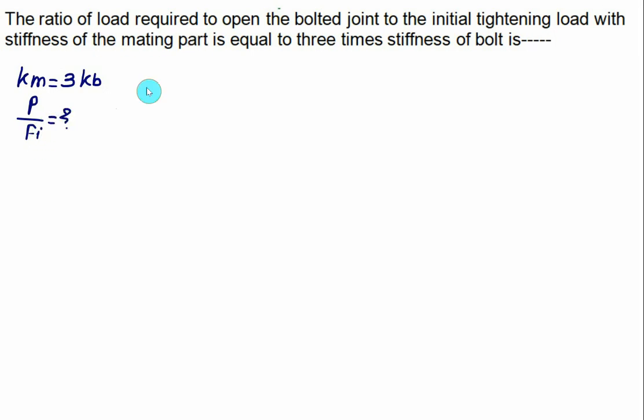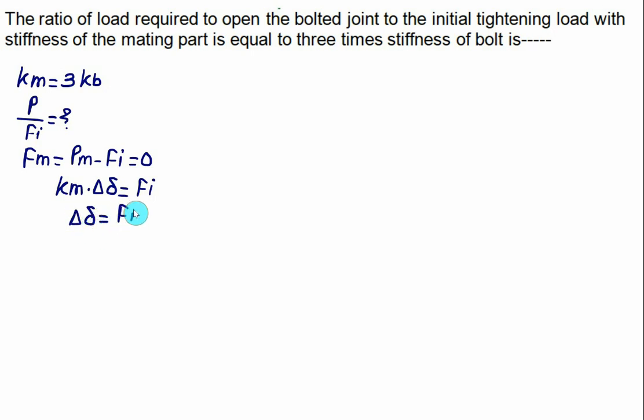Whenever we have to open the bolted joint, at that time we have to take the value of Fm, which is equal to Pm minus Fi must equal to 0. And the contribution of Pm is equal to Km multiplied by delta. So in this case we have Km multiplied by delta equal to Fi. So from here we can calculate the value of delta. We have delta is equal to Fi divided by Km.